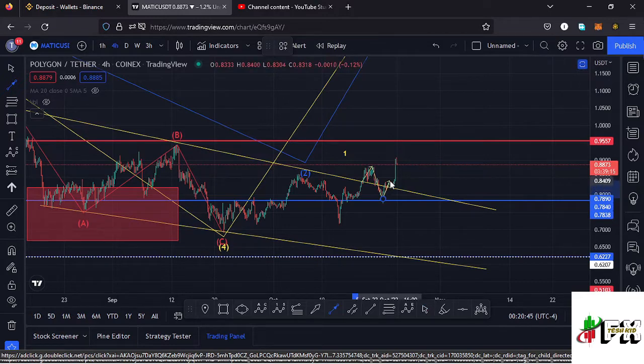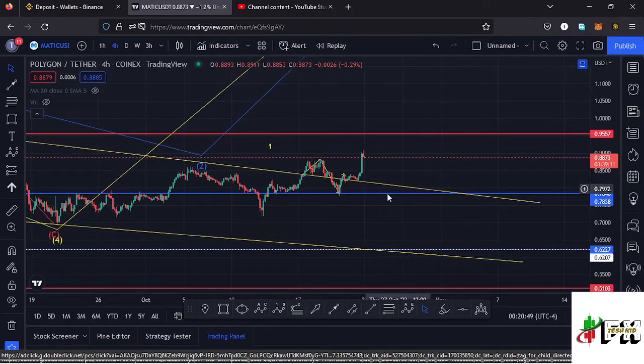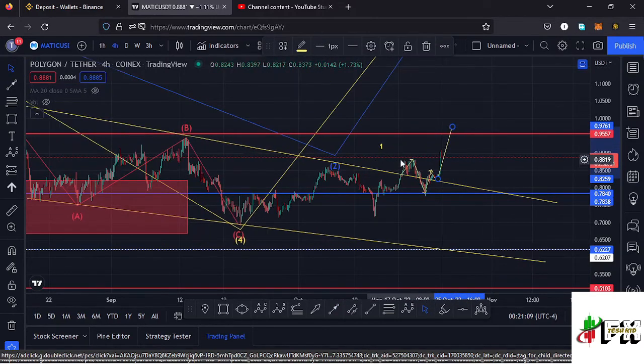We have managed to break out of the channel once more, and if I zoom out, you can also see the moment we managed to break out of the channel once more, we saw a bit of a retest right here, meaning the retest has been a success, and that's why we are seeing a very nice bounce to the upper side in a movement that might be likely to take us back to around the $0.95 mark, which is our next key area of resistance.